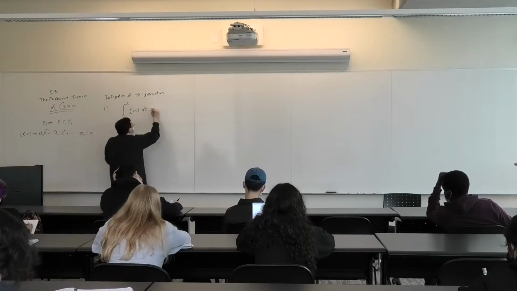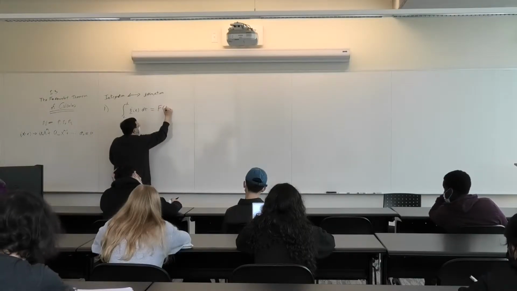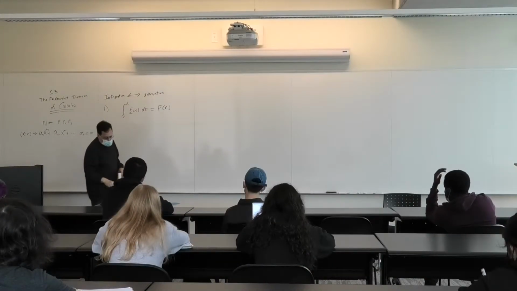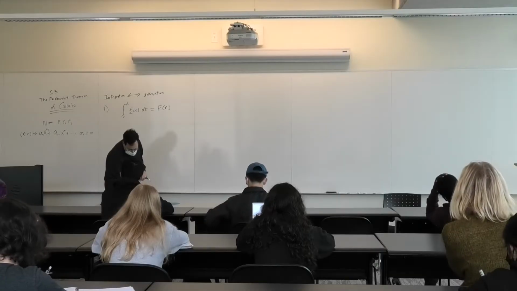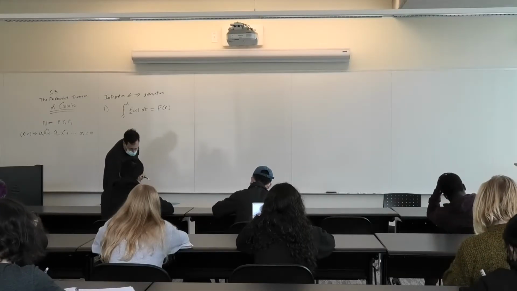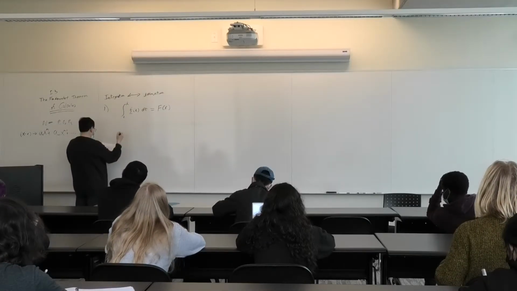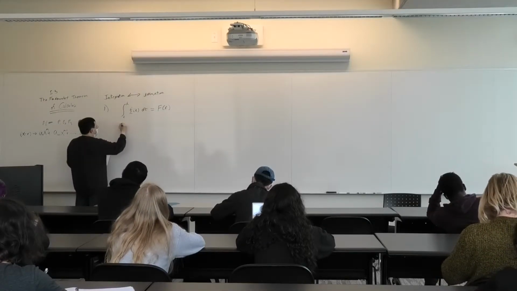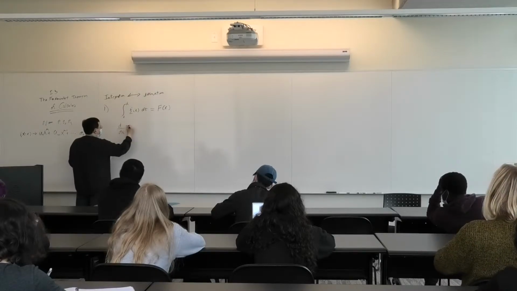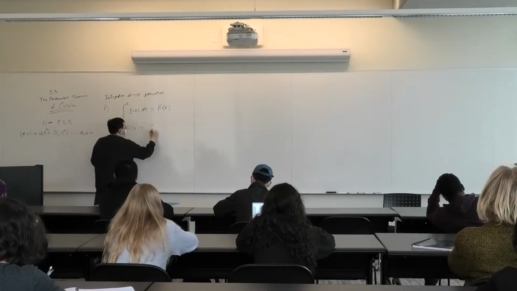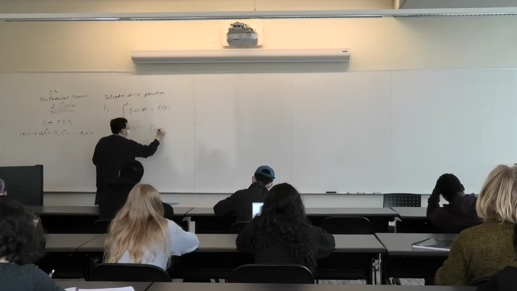And we call this F of x. The fundamental theorem, part 1, says that if we have this, then the derivative with respect to x of this function is just equal to little f of x.